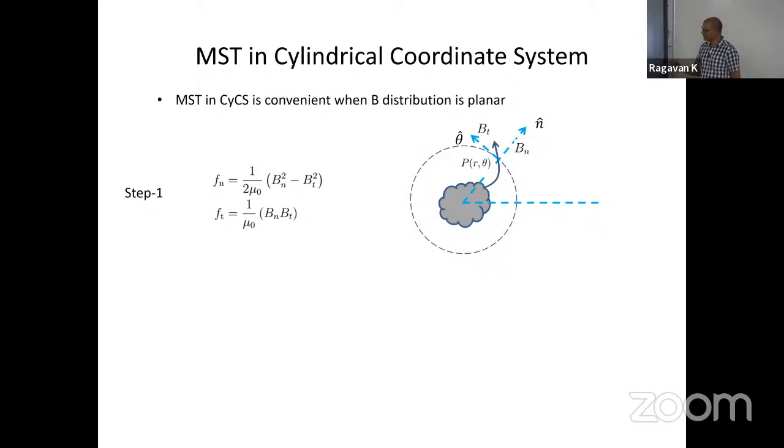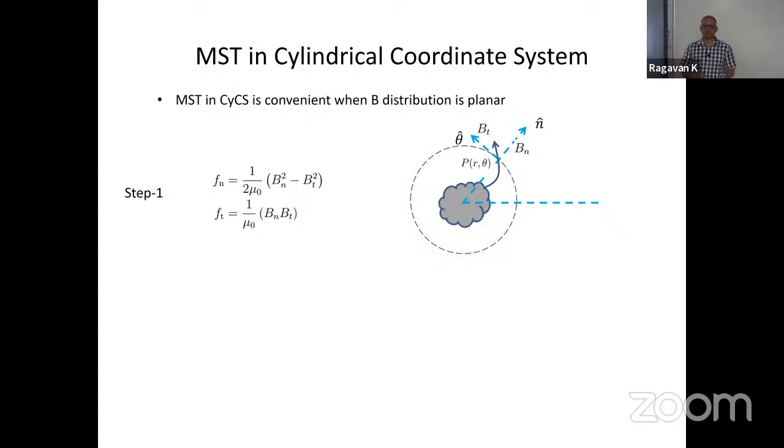Now, in the Maxwell stress tensor in the cylindrical coordinate system, the normal component is given by 1 by 2 mu naught into Bn square minus Bt square, whereas the tangential component is given by 1 by mu naught into Bn into Bt. I think it is also very intuitive, because what it says is the volume feels a tangential force proportional to how much the string has bent in the tangential direction and what its strength is in the normal direction.